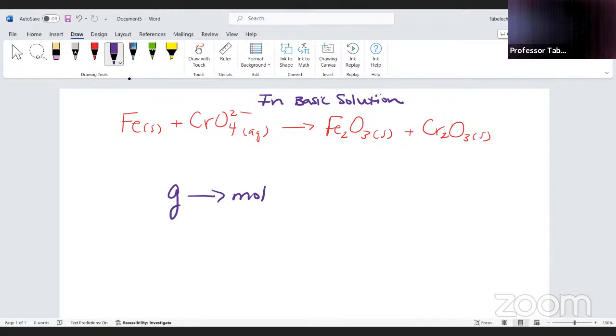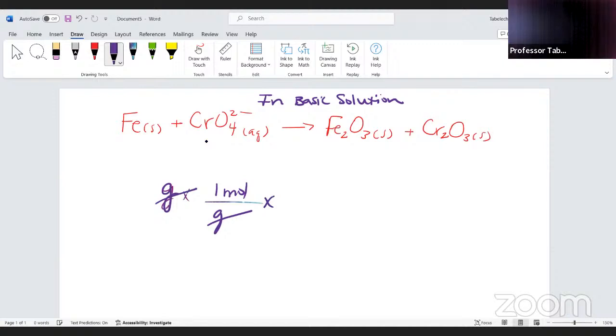If you have all of your molar mass calculations and all of your units for what you're trying to get to, that helps you along the way when it comes to dimensional analysis. I tell students all the time that if you start off with a gram of something and you're going to, let's say, a mole of something, you always want to take the unit that you start with and put that on the bottom of the other one so they can cancel out.